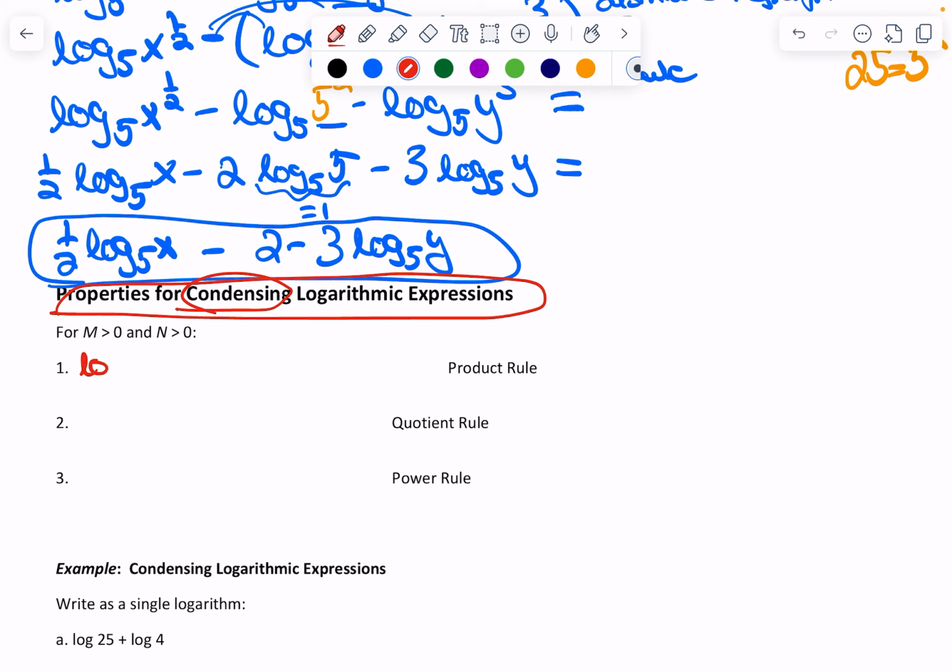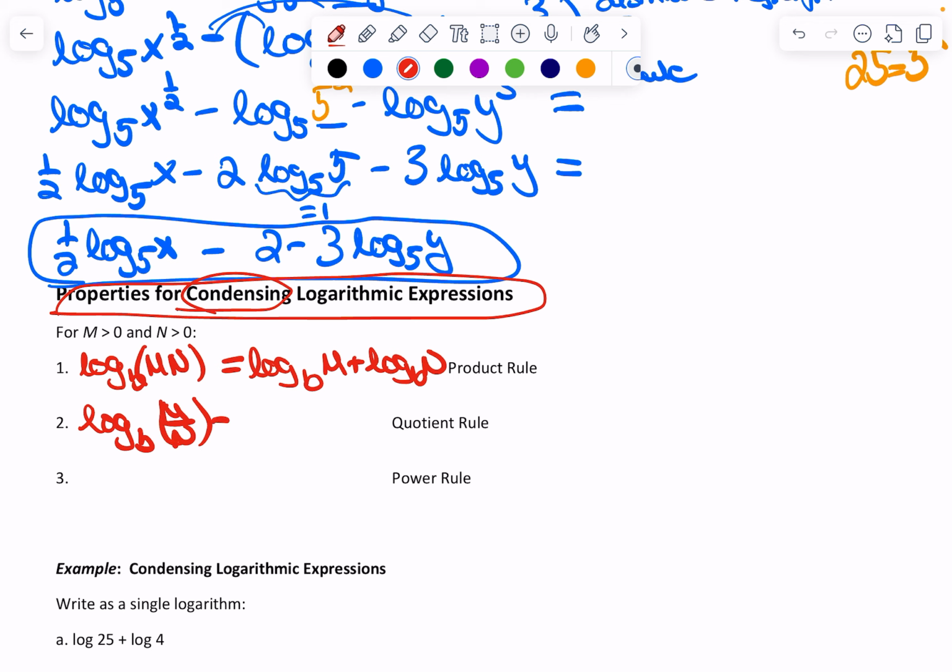So we're going to use the exact same rules, product rule, quotient rule, and power rule, that we did for expanding. We're just going to go backwards. So the quotient is where we get the difference, and then our power rule is where we bring the exponent to the front.